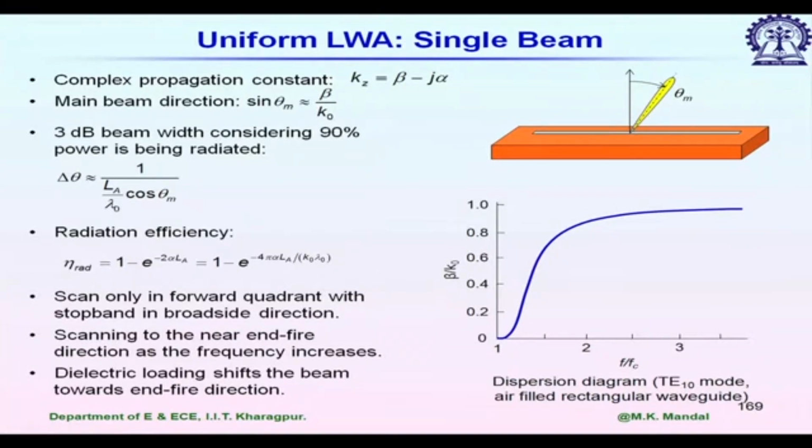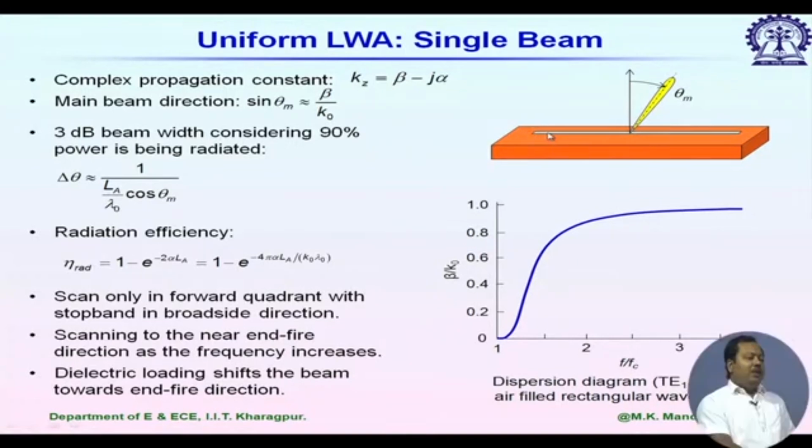Next, the antenna characteristics: how they depend on alpha, the leakage rate. So, how can we control the leakage rate for this rectangular waveguide? Just like the resonant antenna, as we have seen, if we place this slot near the central axis, then we do not have any radiation from this slot, because we can't excite the slot in that case.